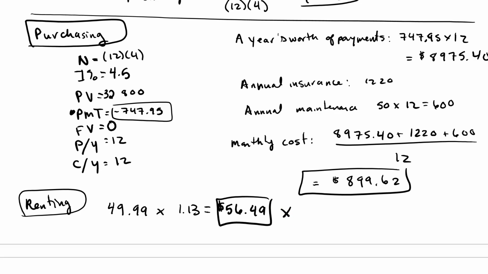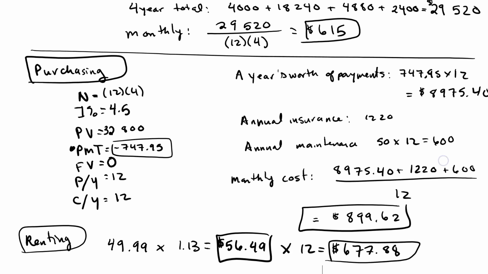So we're going to take this value, $56.49, and multiply it by 12 days, which is $677.88. Now this is actually greater than the cost of leasing for 4 years.